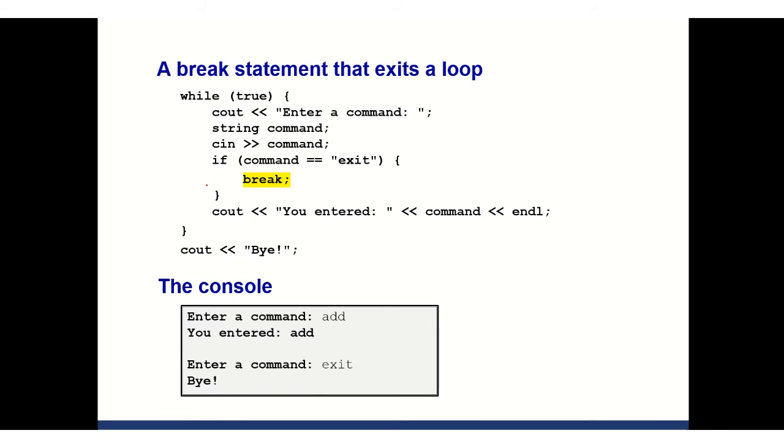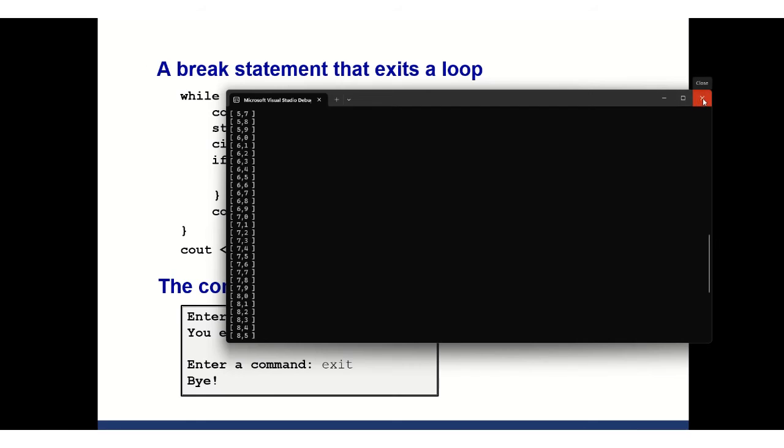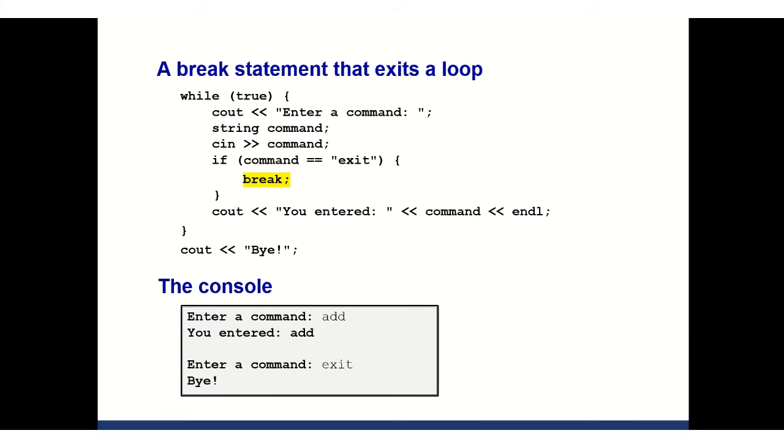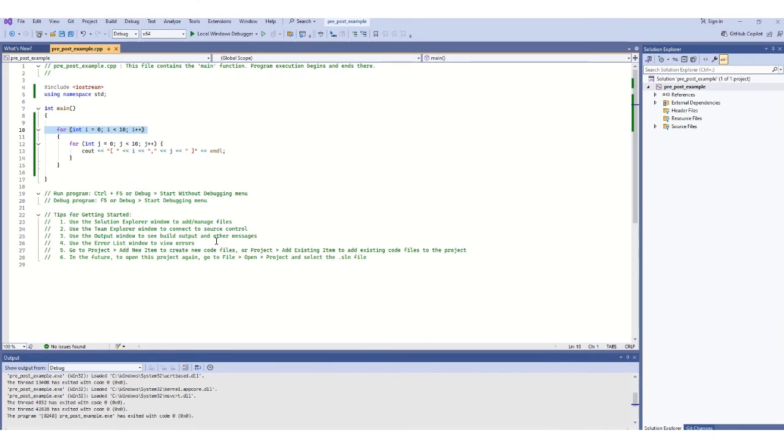So what happens if you want to exit the loop? It's very simple. You just put a break statement. So how is it possible? There are examples in here, but let's make up our own example in the code.